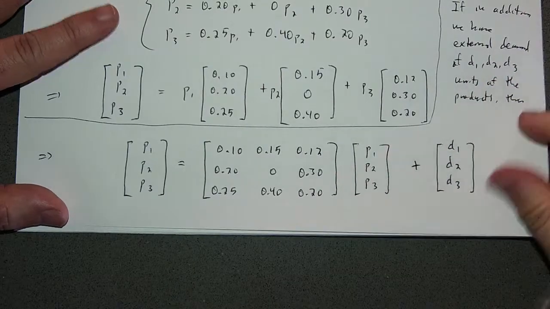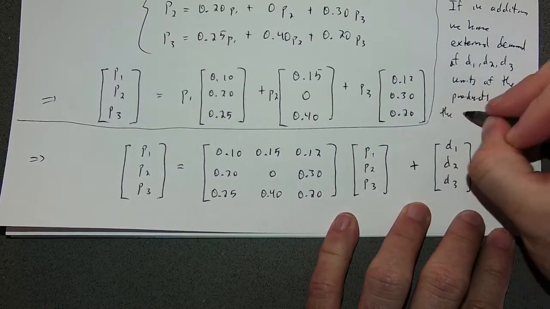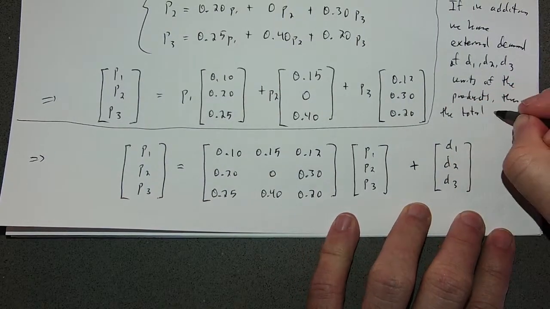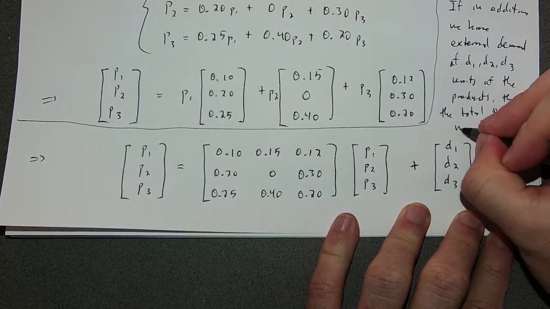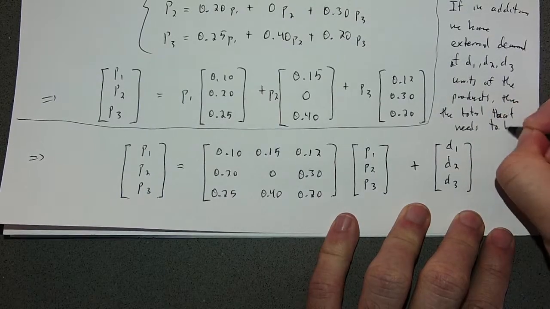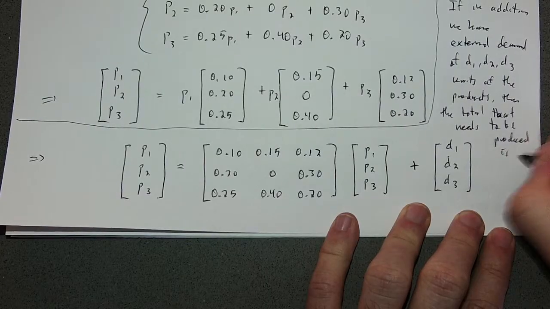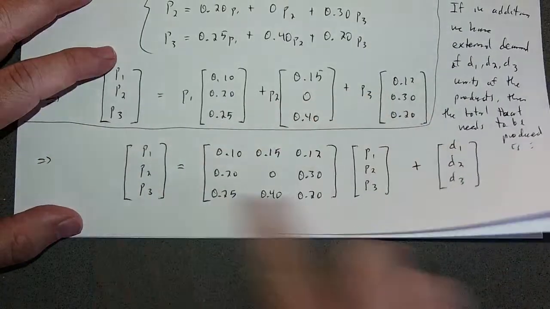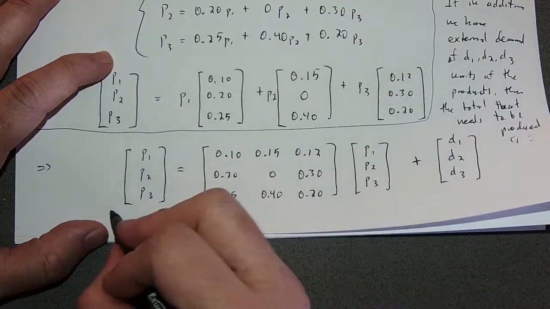then the total that needs to be produced is this equation, as I have written here. This is the total produced.